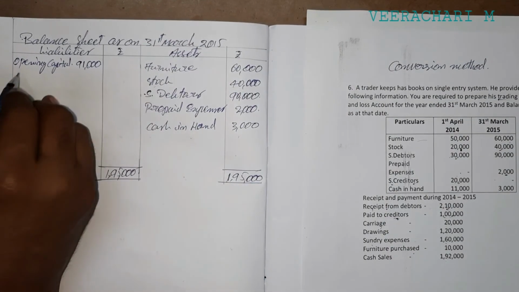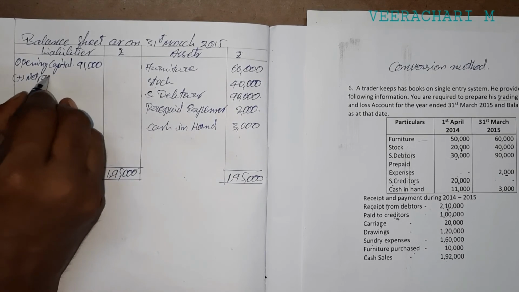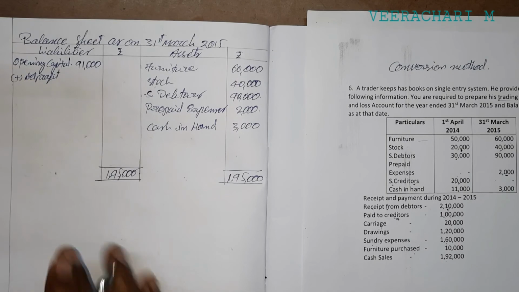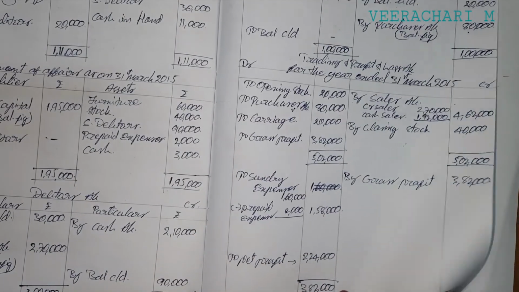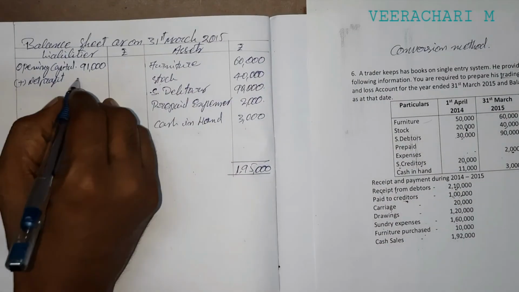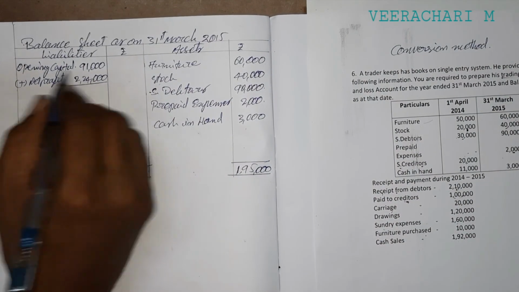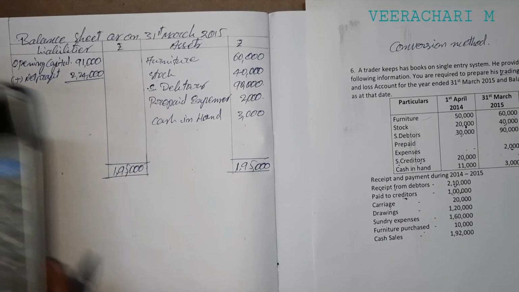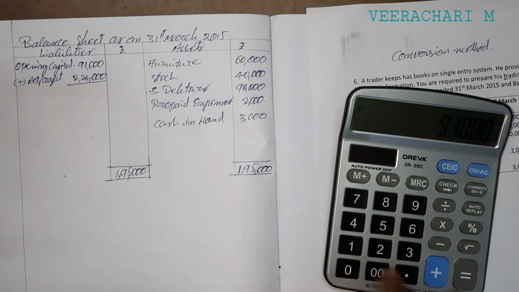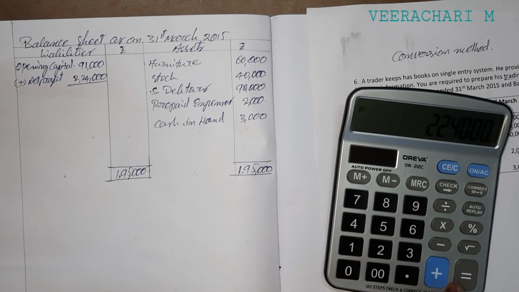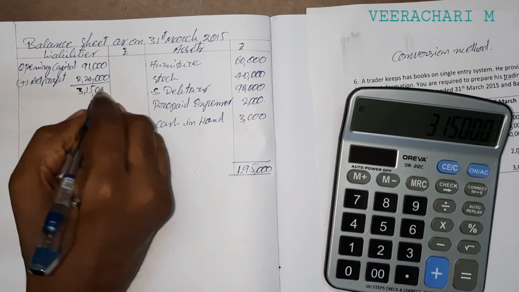With this opening capital, add net profit. Net profit, just now we have computed, is 2,24,000. Then 91,000 plus 2,24,000 is equal to 3,15,000.